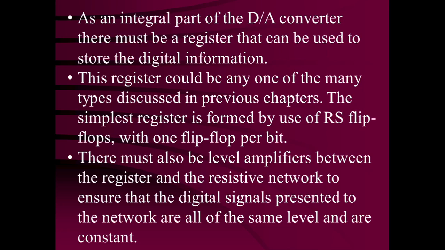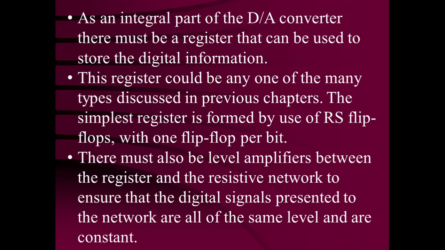That means a constant plus 10 volt will be there as one of the inputs of this level amplifier. The other input is coming from the shift register or flip flop. When the flip flop is set, the output of the flip flop is going to be high, and that means if the input to the level amplifier is high, then the output of the level amplifier should be exactly plus 10 volt regulated.